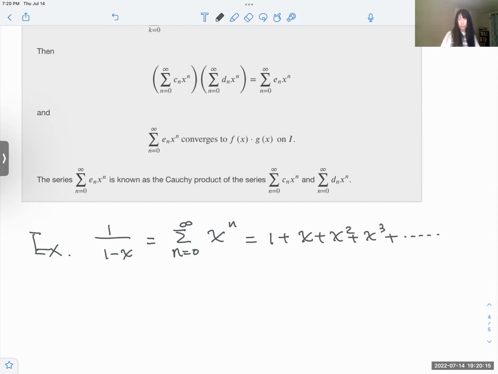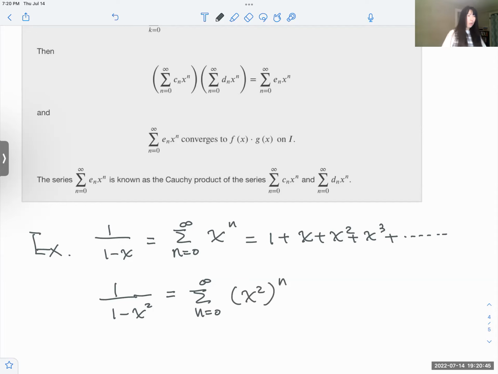Okay, what if we have x squared? Then this is the same as the denominator with x squared, whole thing we put in for x, so we have x squared to the n power.